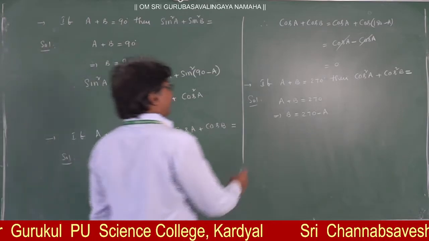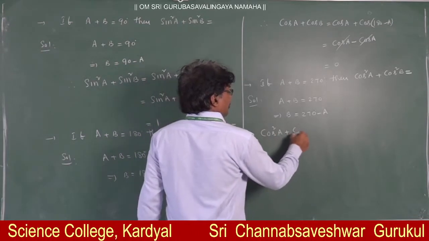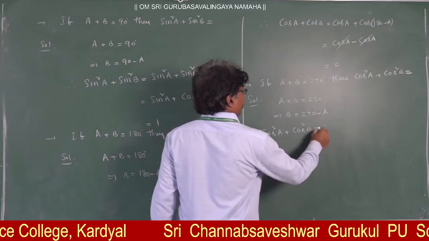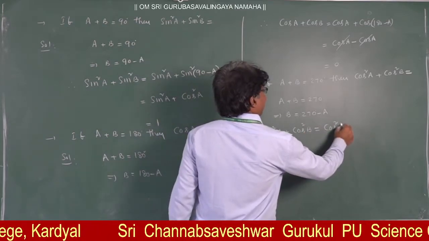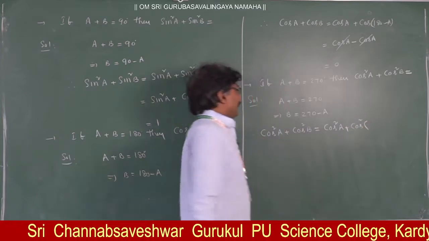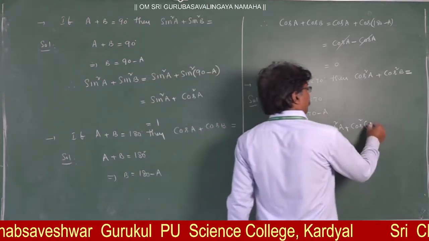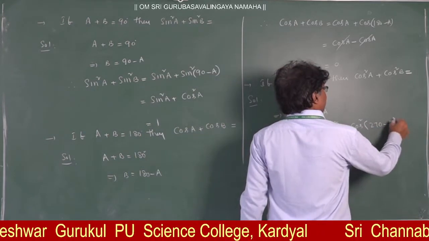Okay, what is our required value? Cos square a plus cos square b. Cos square a as it is plus cos square b, where b is equal to 270 minus a.